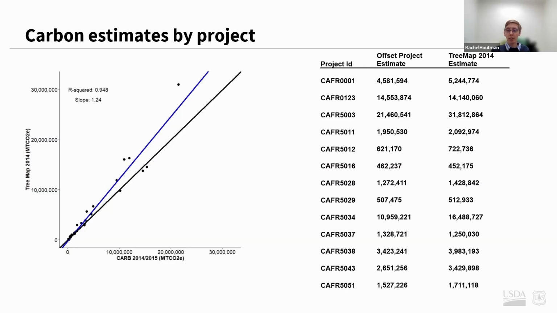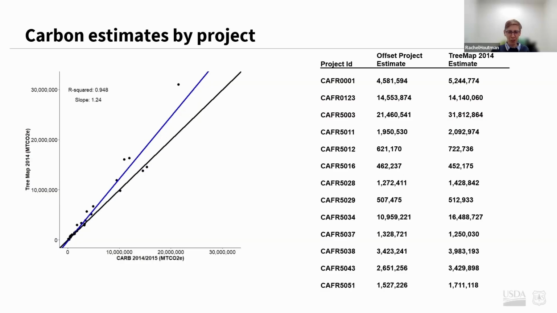Our R squared is over 0.94, and we do have a few outliers, and we've been tracking down why that is. I'll talk about that in a second. I did find the very first one that I calculated 5 or 6 times, because I just wasn't sure that we could have gotten that close.